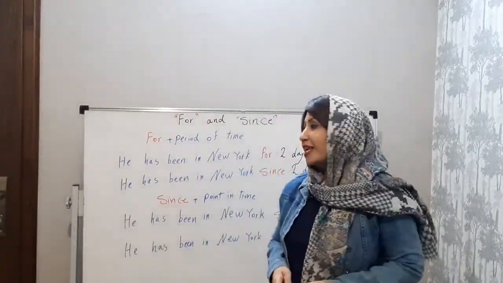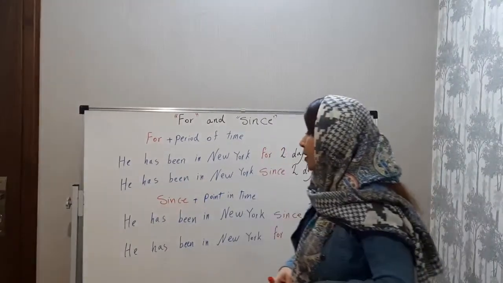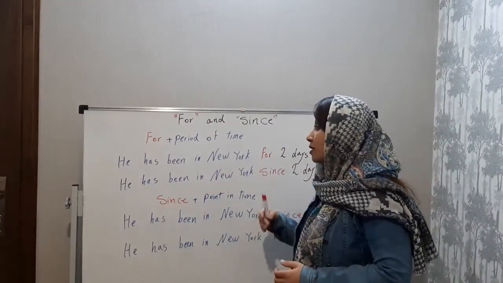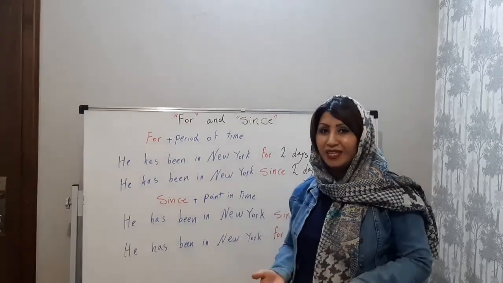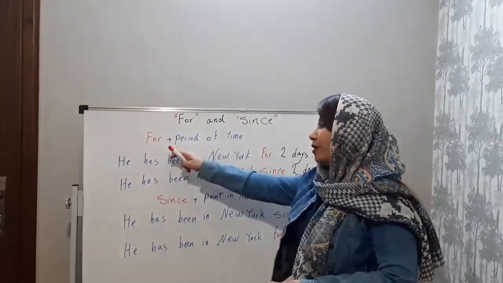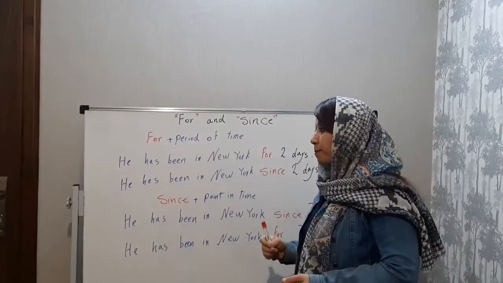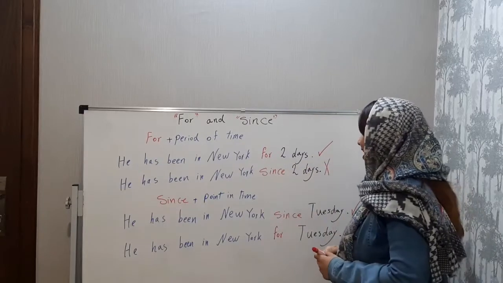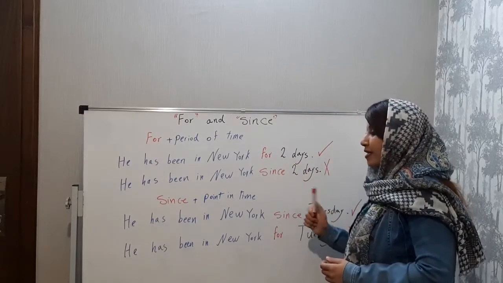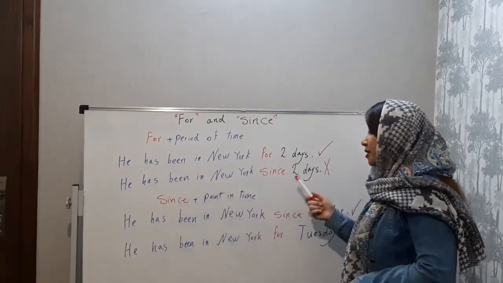Okay, dear friends, as you see here, I wrote some sentences that we want to check the mistake, or can say a common mistake. For plus period of time. He has been in New York for 2 days. He has been in New York since 2 days.